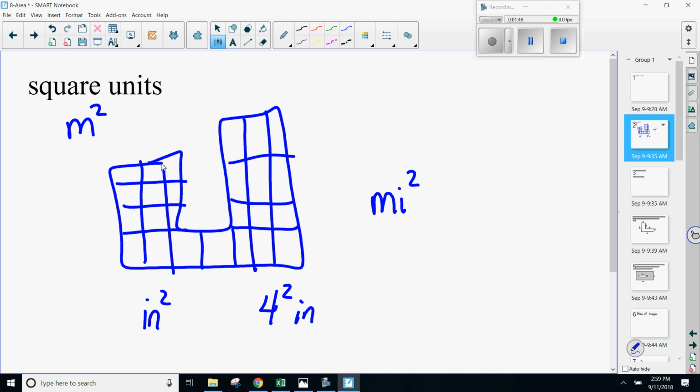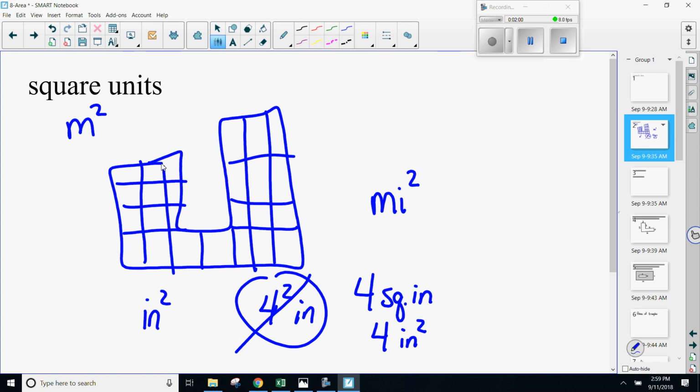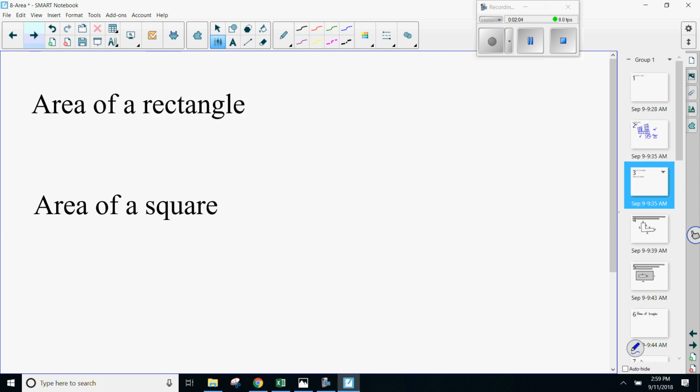That's actually 16 inches. So you have to be careful. It is 4 square inches, or it is 4 square inches, one of those two. One of these has the incorrect notation when you write it that way. But those are things I see.